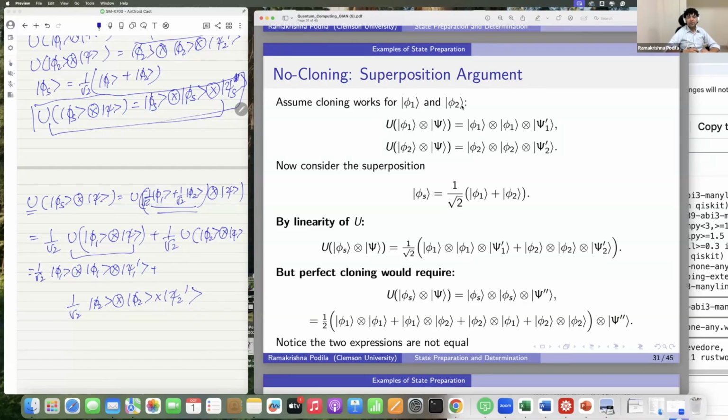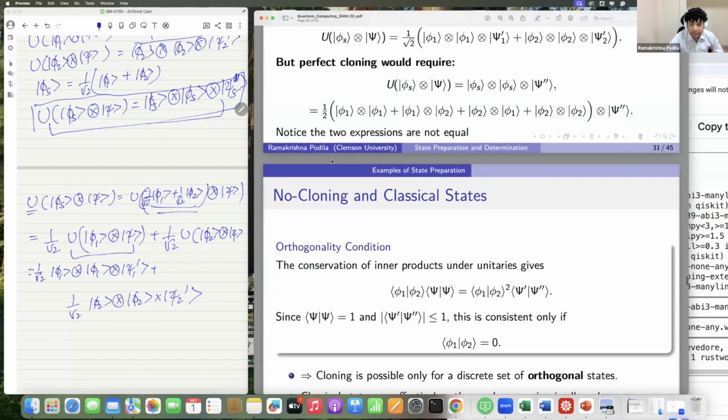Do you see my question? If phi 1 and phi 2 are orthogonal, then would these two expressions match? Okay, I see the answer is no. Okay, let's see.